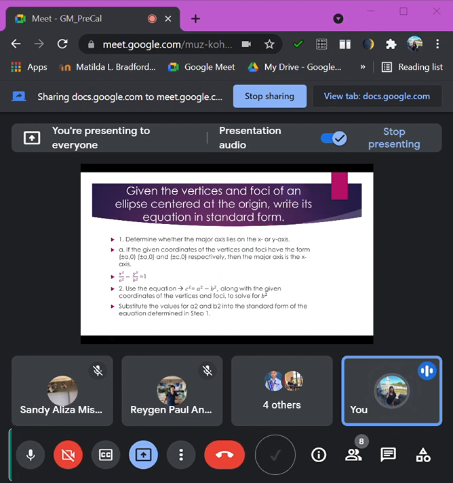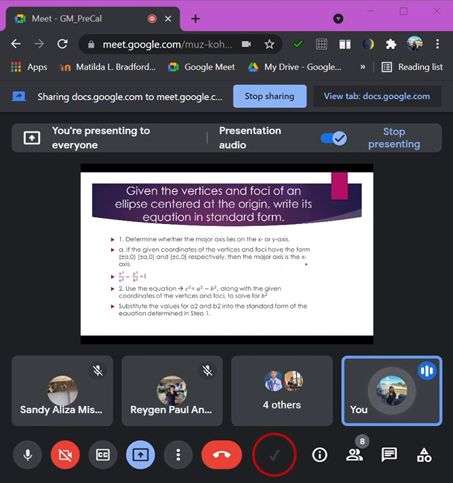So we have there for our number 1, if the given coordinates of the vertices and foci have the form positive, negative a, 0, and positive, negative c, 0 respectively, then the major axis is the x-axis. So tanawon lang nato nga porma, basta ang atong a kay naa sa x, and then ang atuang c kay nasa x, meaning to say naa na siya sa x-axis ang major axis.